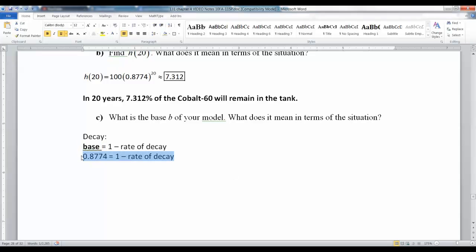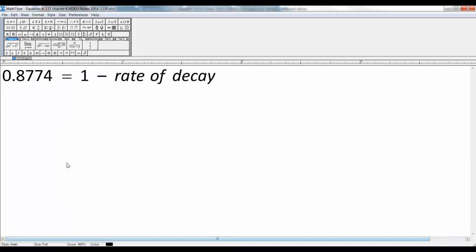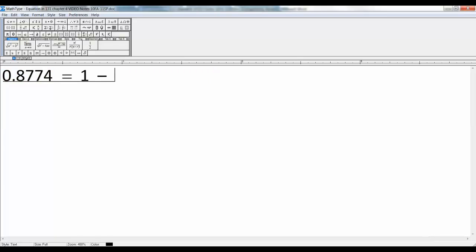Here, let me put it in the equation. That'll help. So you'd say, okay, my base is equal to 1 minus my rate of decay. So can I just call this rate? That'll be easier. R, even R for rate. Okay, so if I add R to both sides, then over on the right, they're going to disappear because negative R plus R is gone.